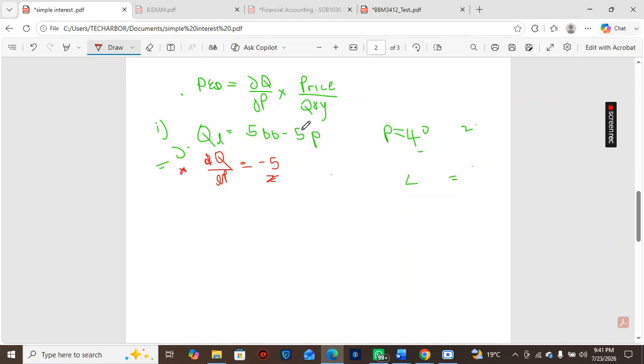Now we need to find our quantity at the bottom. We substitute P equals 40 into our demand function. QD equals 500 minus 5P. Where there's P, substitute 40.